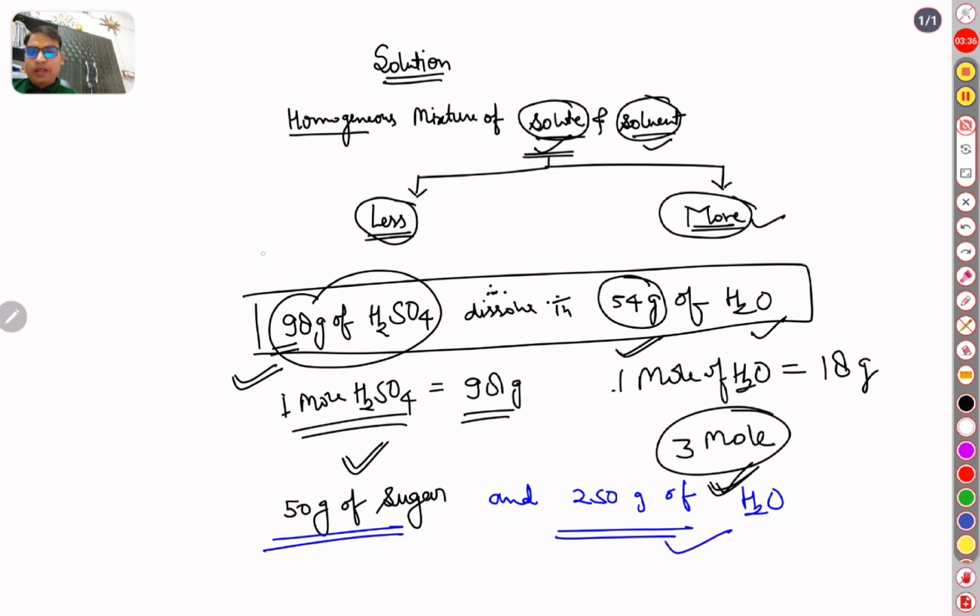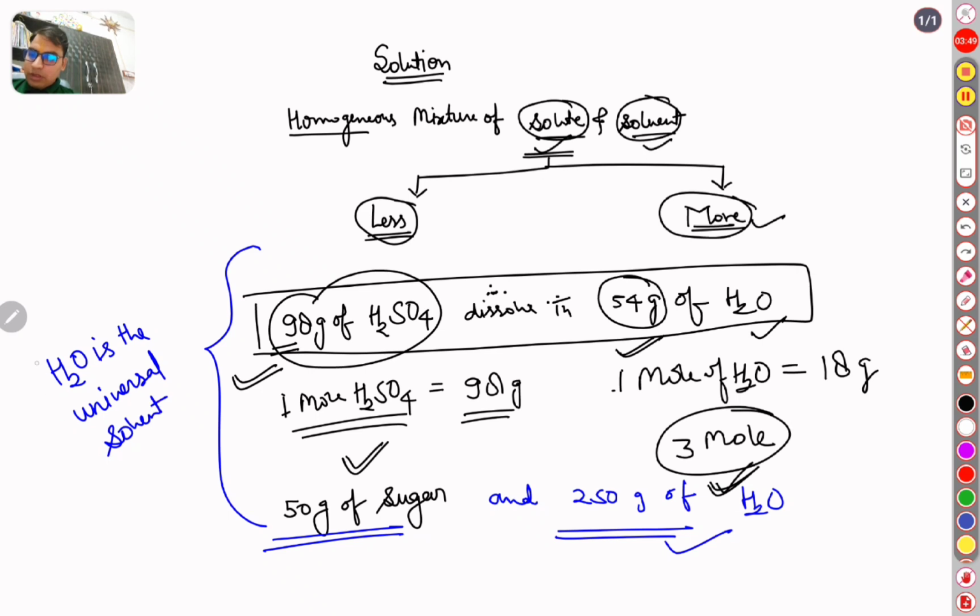You know water, means H2O, is the universal solvent. At maximum places you will see that water is the universal solvent. But it is not 100% that everywhere water is the solvent.